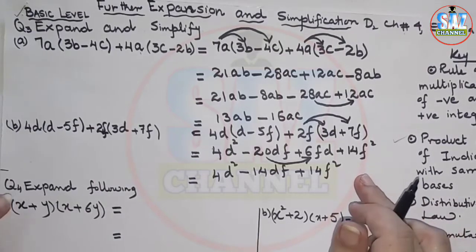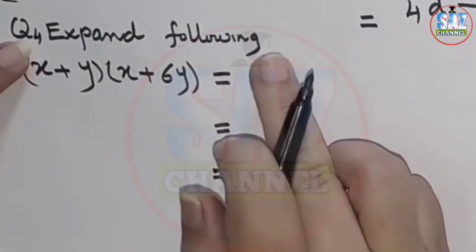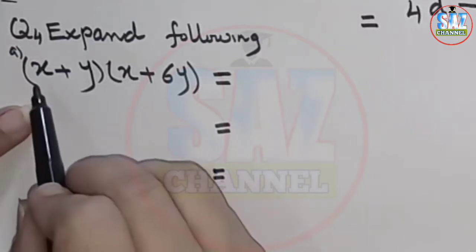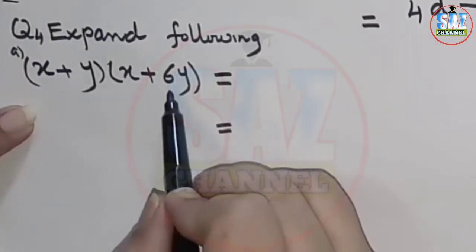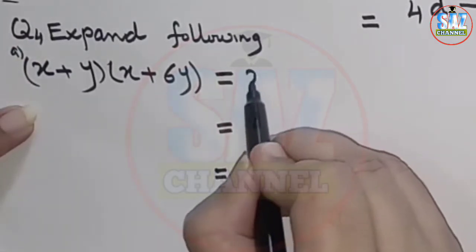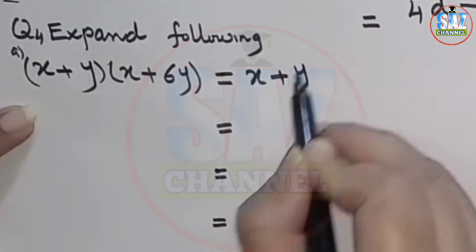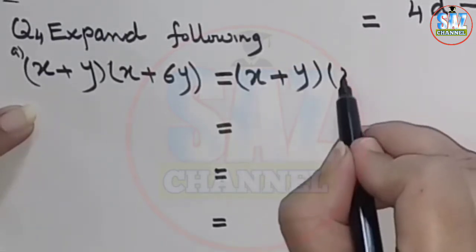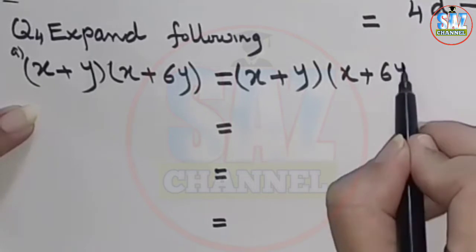Let's move to question number 4 that says expand the following. The first part is (x plus y) into (x plus 6y). It's better to write the question again, copy your question again.